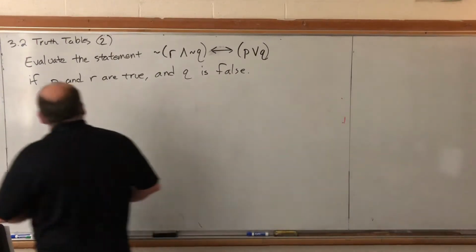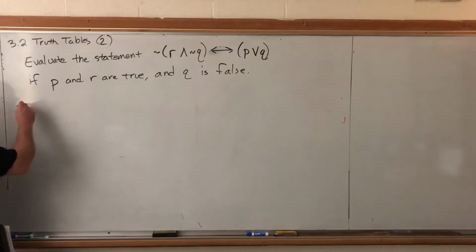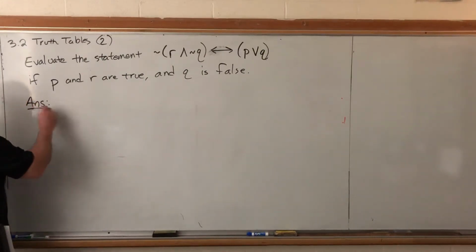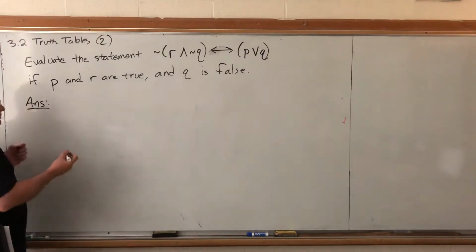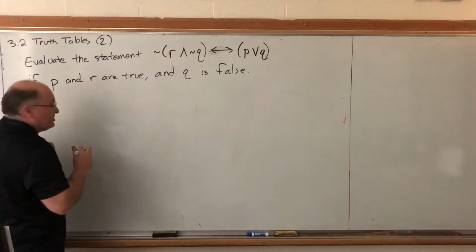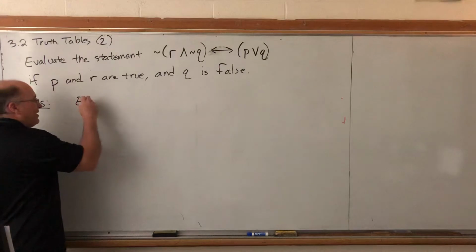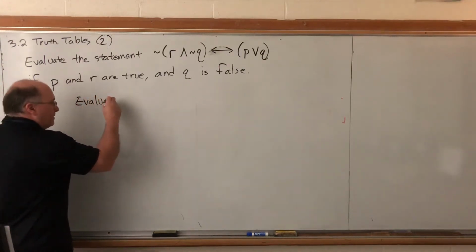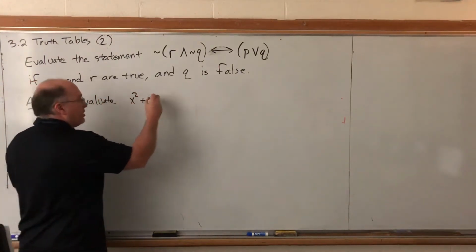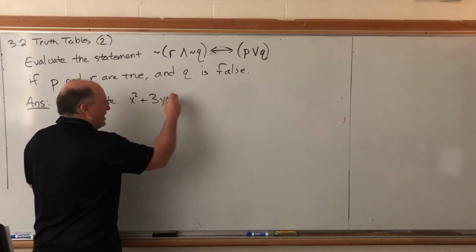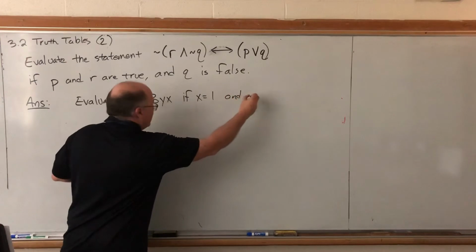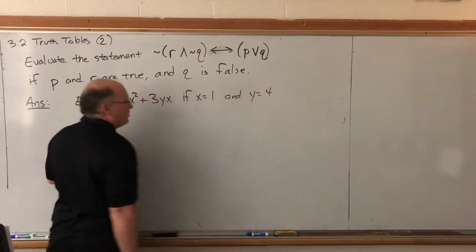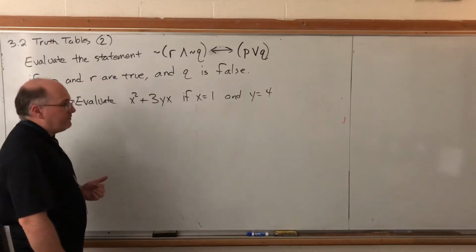It kind of looks like a truth table setup, but it's a lot simpler. This is similar to evaluating an expression in algebra. For example, and this is not what this problem is asking, if I said evaluate x squared plus 3yx, if x equals 1 and y equals 4, it's a pretty straightforward problem.